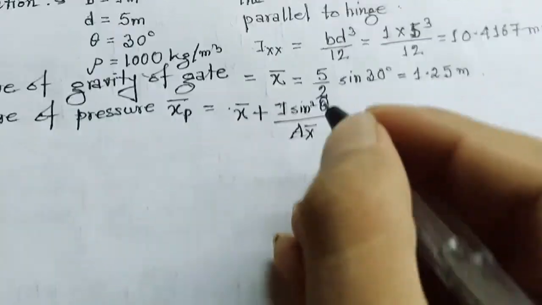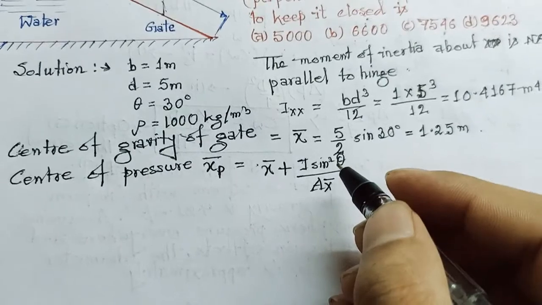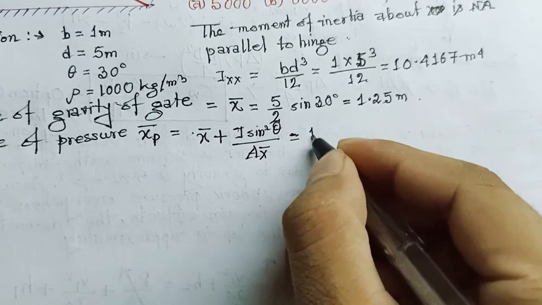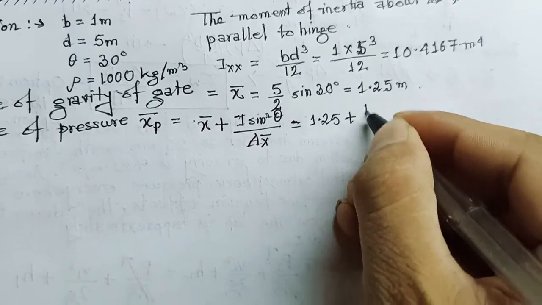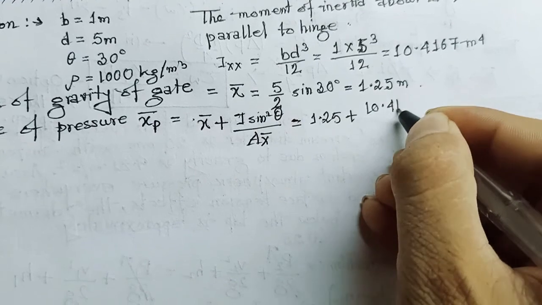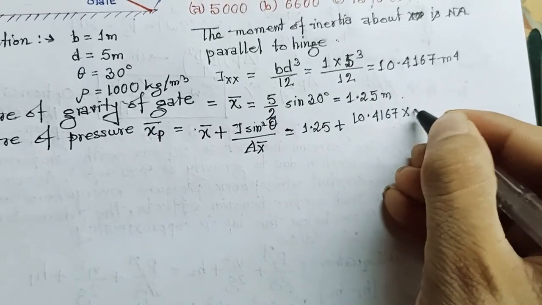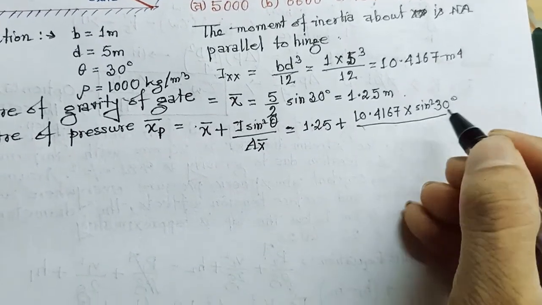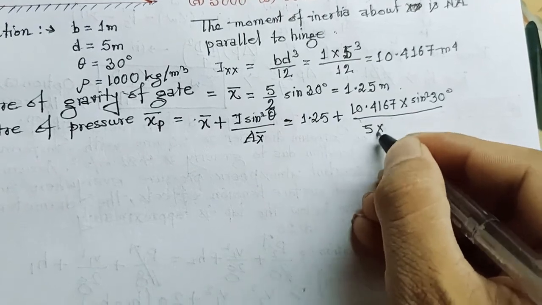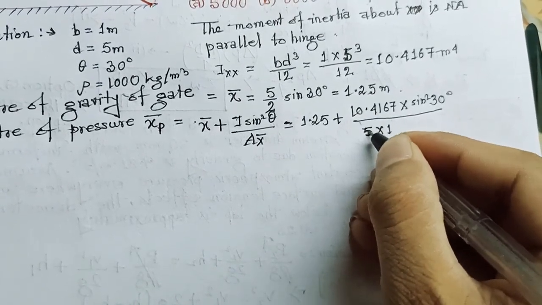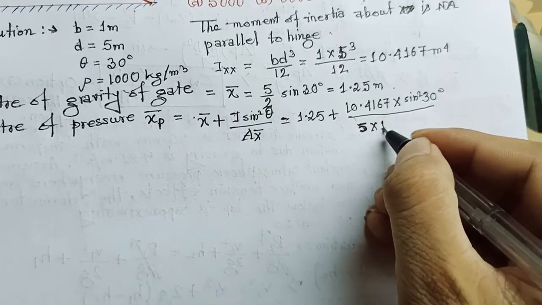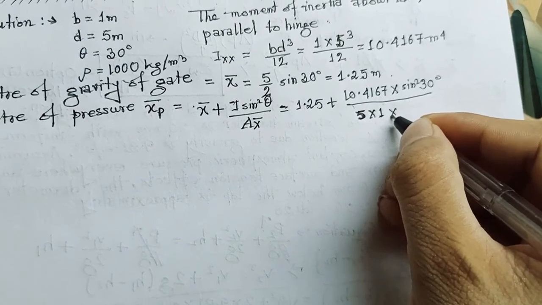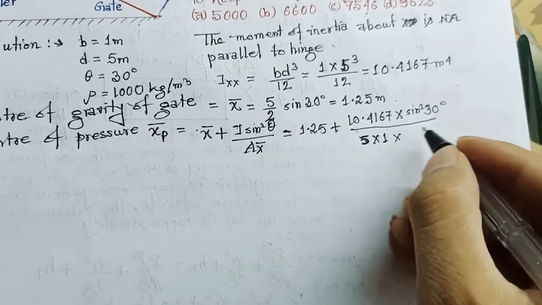If you put the value of x bar, I, sin theta and A x bar, we get 1.25 plus 10.4167 into sin square 30 degree divided by 5 into 1, because 5 into 1, length into breadth, is the area, multiplied again by x bar, which is 1.25.